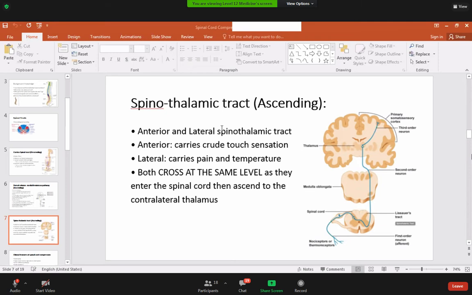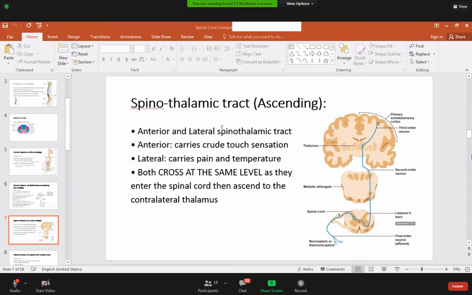So if they are affected on one side, keep it in mind that you can think about the hemisection might be on the other side, because the level of the hemisection can be higher as compared to the area where you are feeling that deficit. We'll go into the detail after we discuss the syndromes one by one.